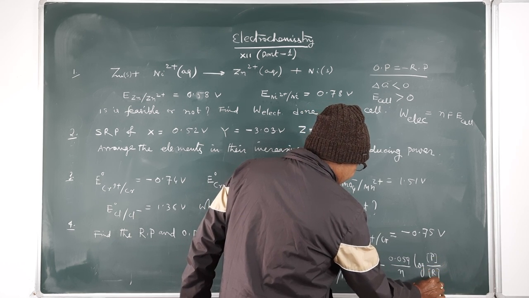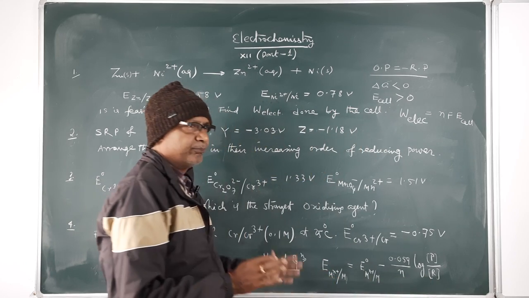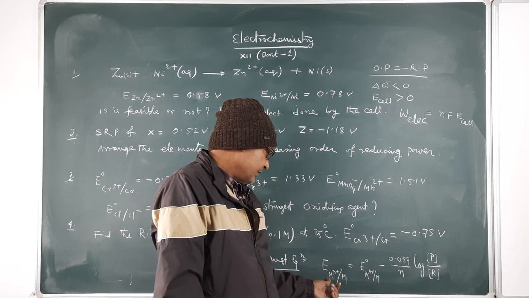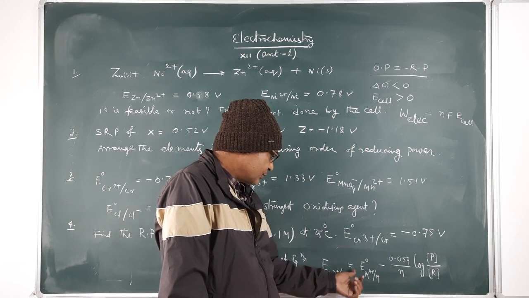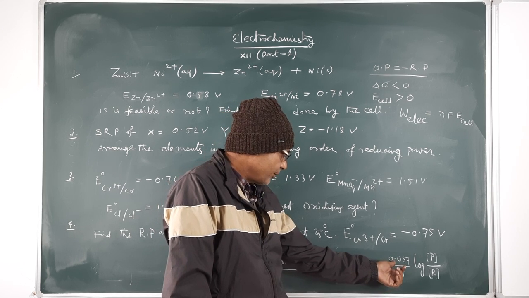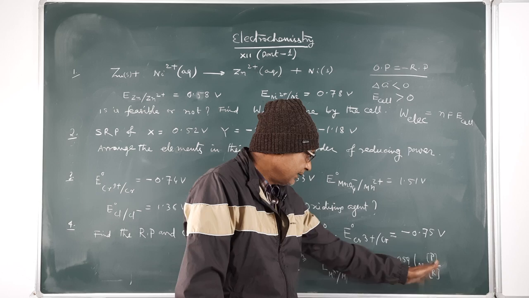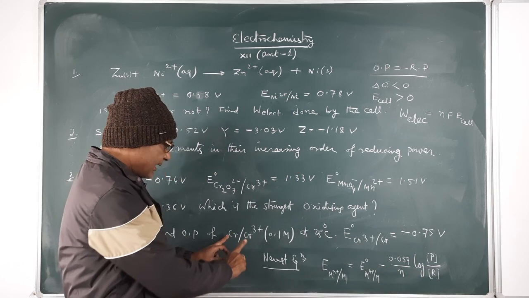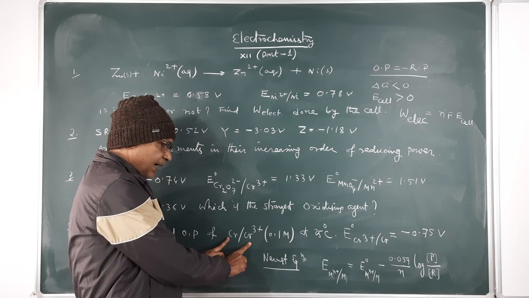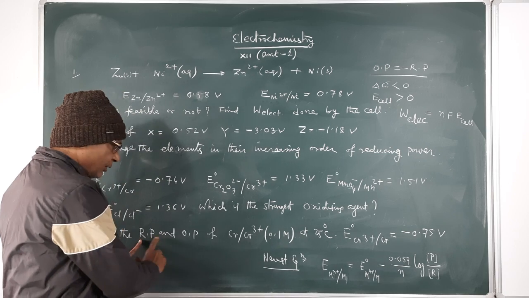This is the Nernst equation in a simple form. So you have to write this half cell reaction and find the reduction potential.